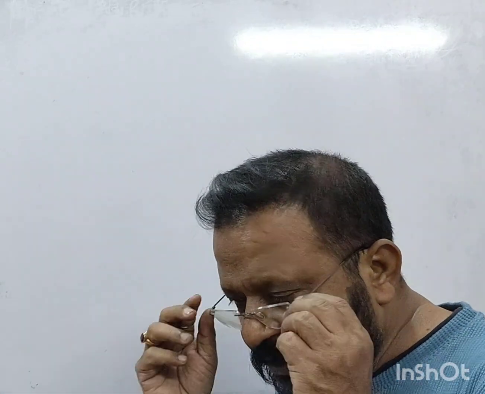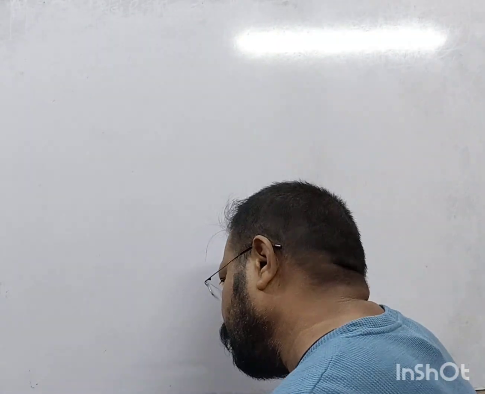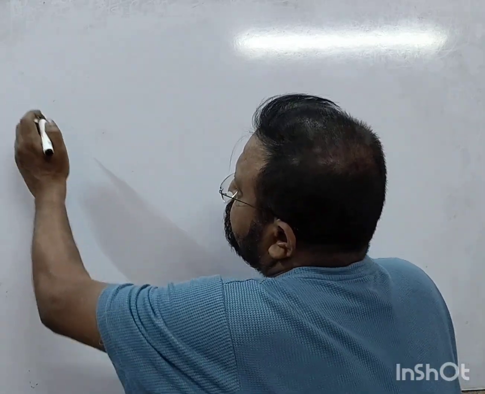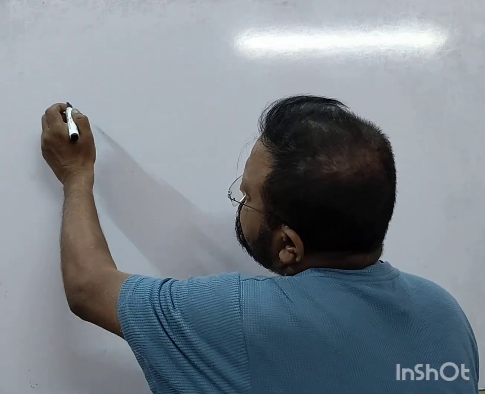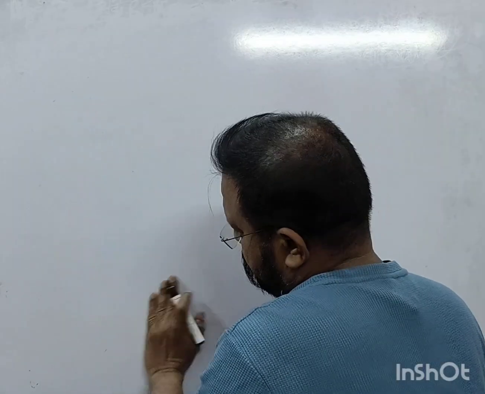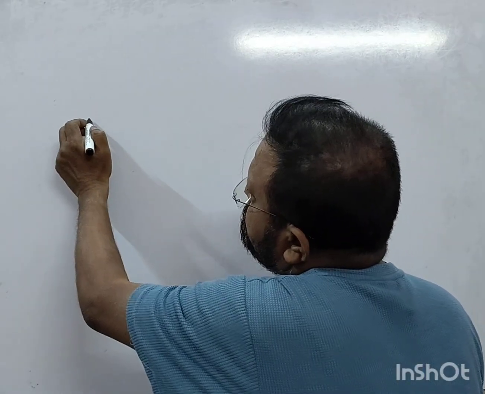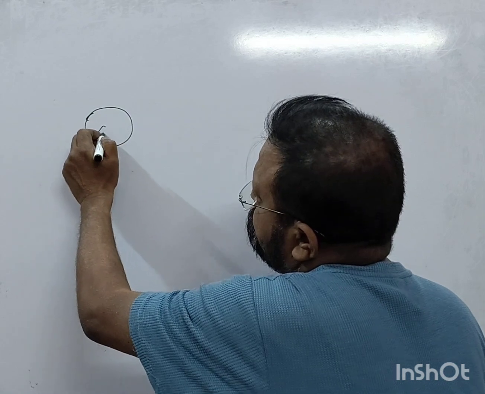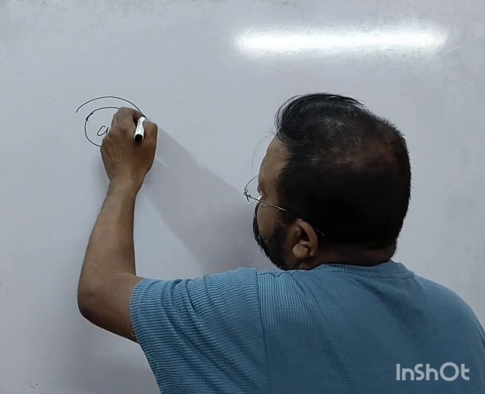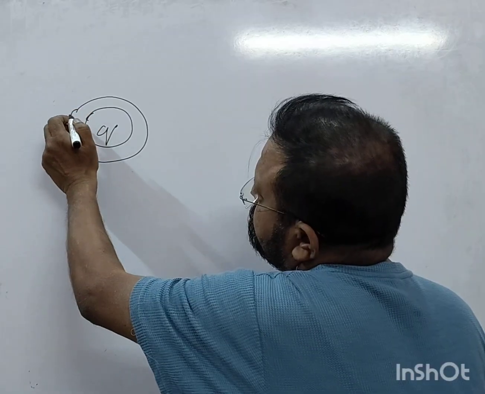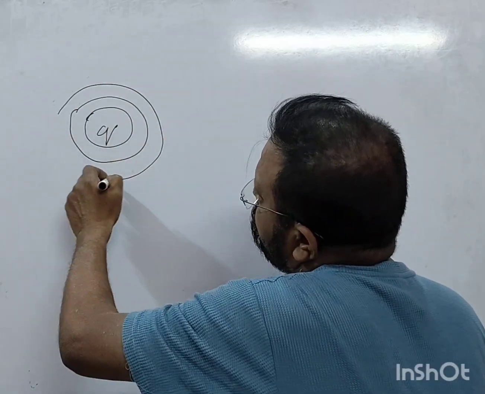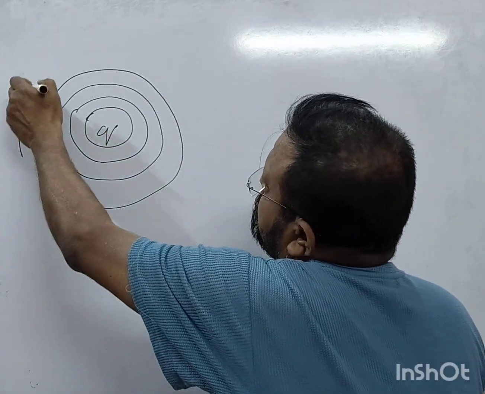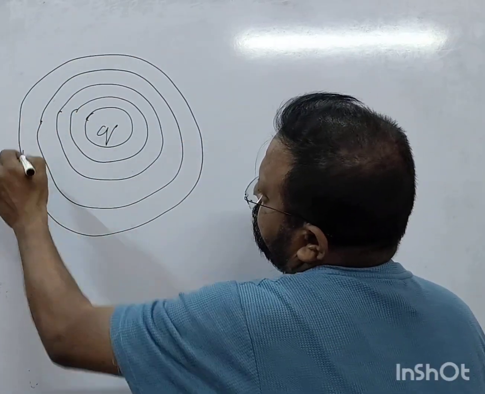What next do we have? Potential difference. This is a charge Q, so there will be an electric field around it.